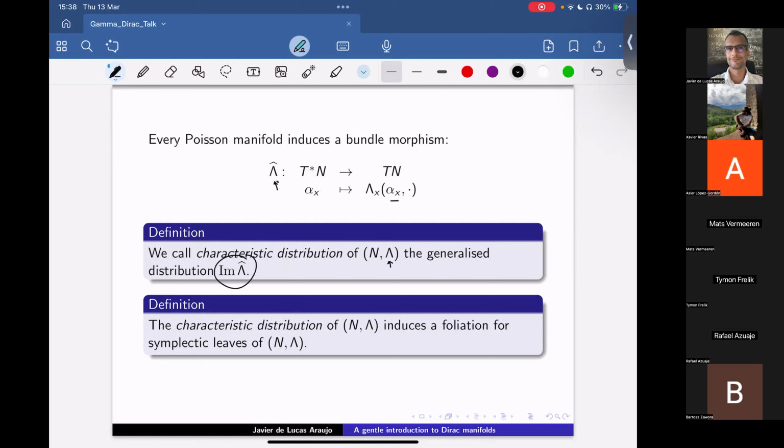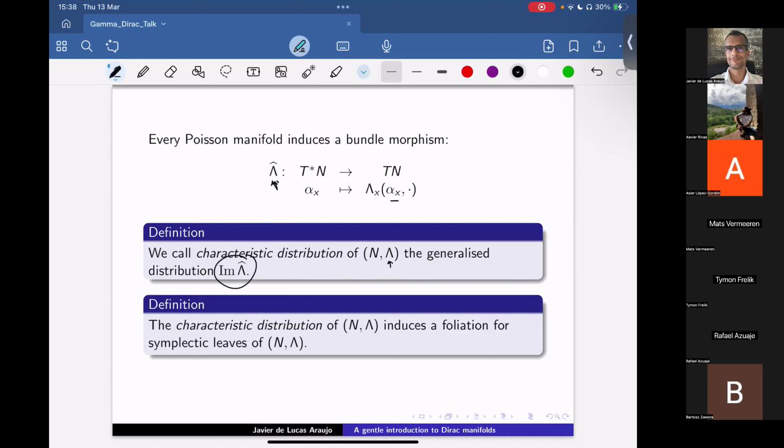It's defined in this way, and it turns out the characteristic distribution of this Poisson manifold is integrable. It's a generalized distribution indeed. This means that the rank of the distribution varies from point to point, but at every point you can always have a submanifold whose tangent space is exactly the characteristic distribution, the image of this operator.